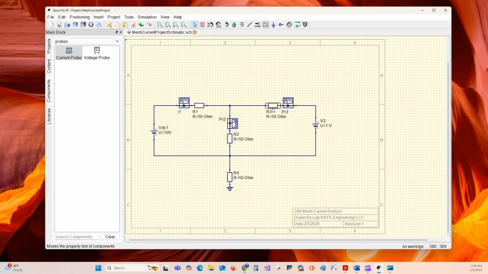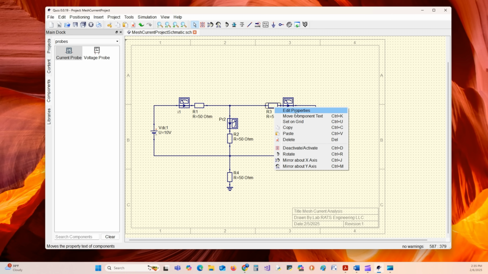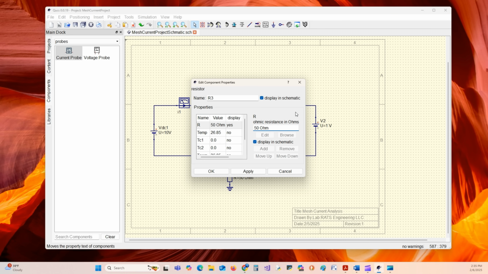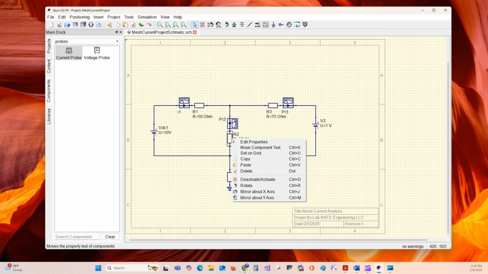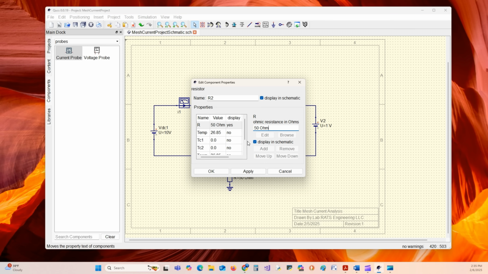And then we got R3, edit those properties. R3 is 75 ohms. Apply. R2 and its properties. R2 is 20 ohms. Apply. Okay.